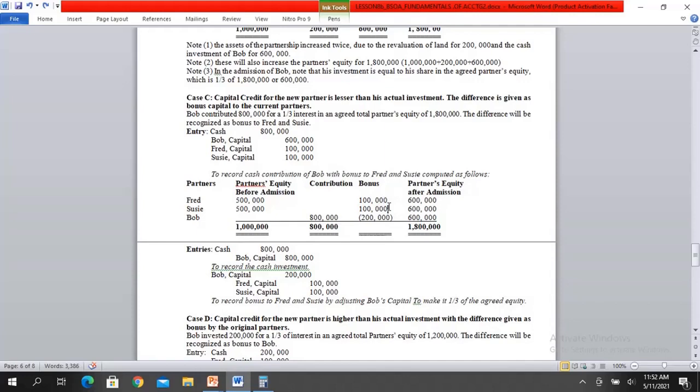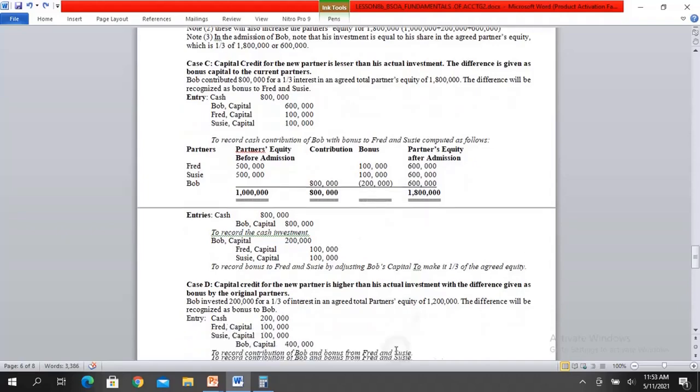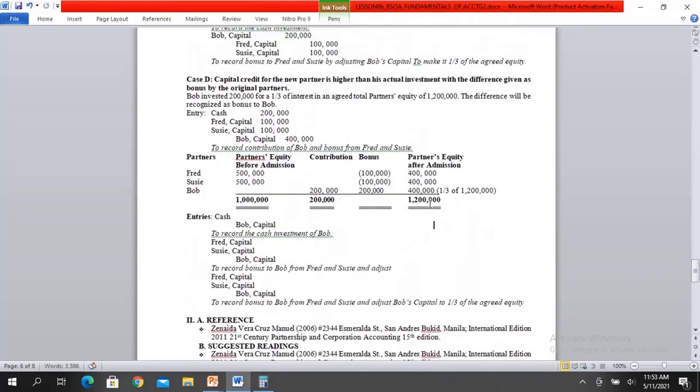Kaya ang magiging partner's equity after admission is 500,000 kay Fred plus 100,000 na bonus, 600,000. So, 500,000 kay Susie plus 100,000 na bonus is 600,000. So, yung contribution ni Bob na 800,000, less natin yung 200,000, 600,000. So, 1/3 of 1,800,000 is 600,000. Ayan. So, ganun lang siya.